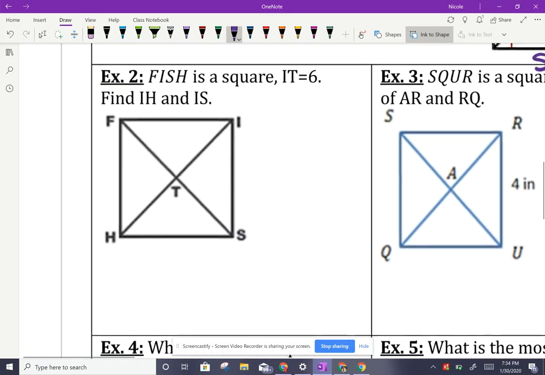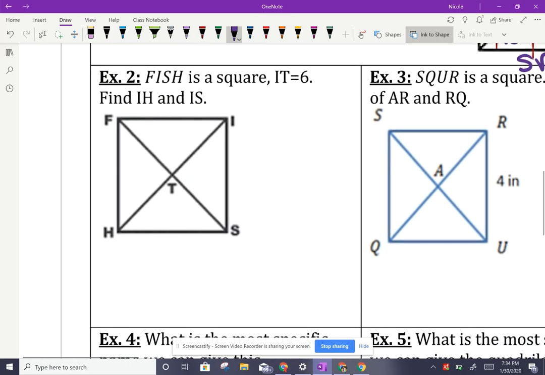Let's see here at example 2. It says square FISH has a length for IT at 6, and it wants me to find IH and IS. So these are congruent here. So that means IH is going to be a grand total of 12.